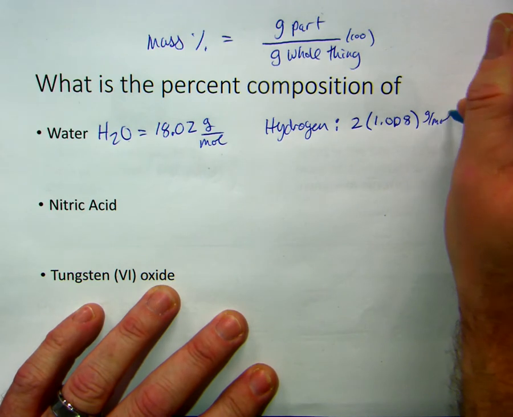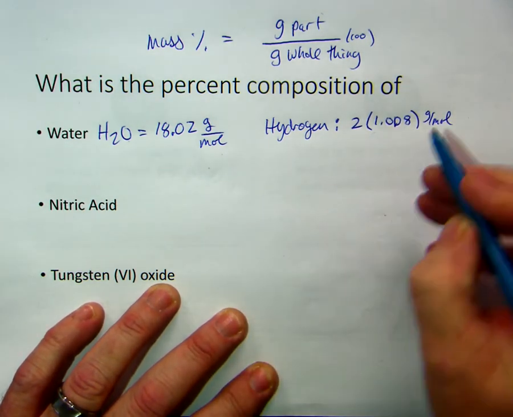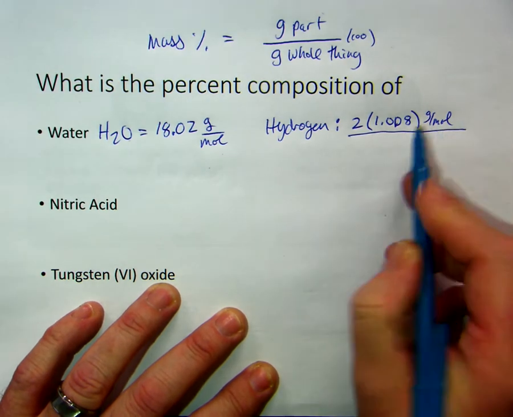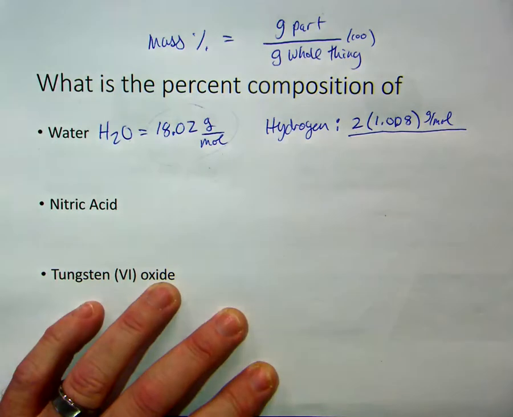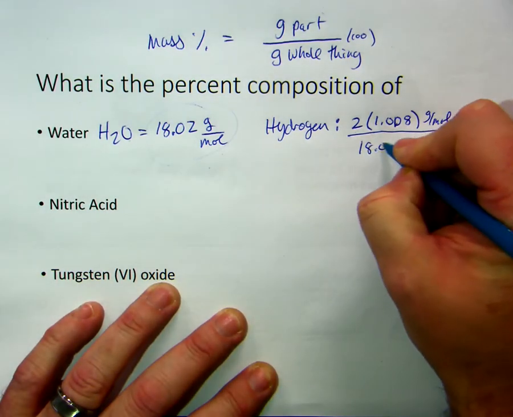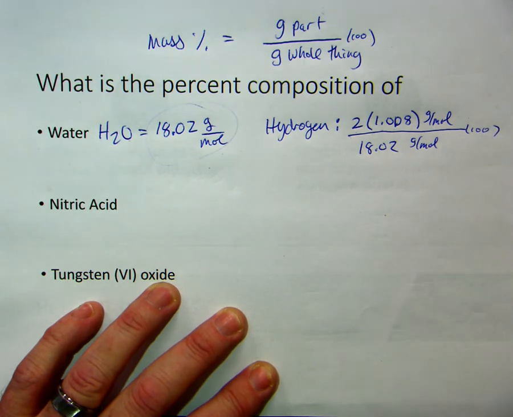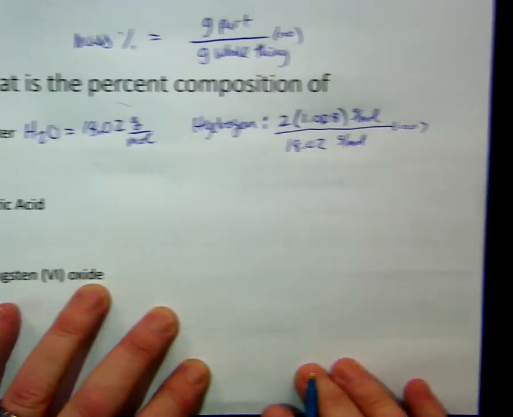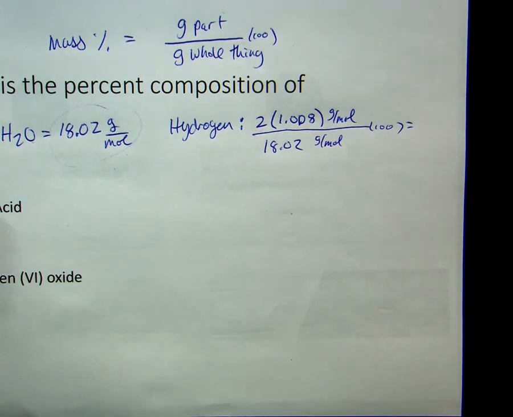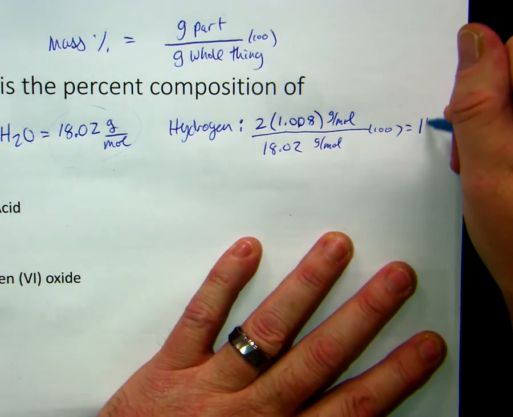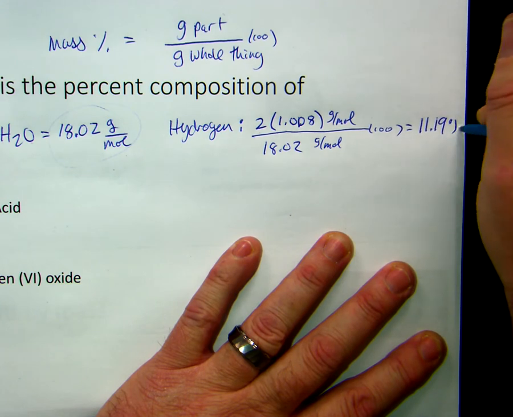That's the mass of hydrogen off the periodic table. So I want the mass of the hydrogen, or specifically two of them, over the mass of the whole water molecule, 18.02 grams per mole, and then times 100 to make it a percent. So when I complete that, I will get that hydrogen is 11.19%.